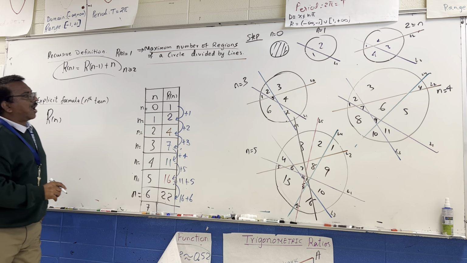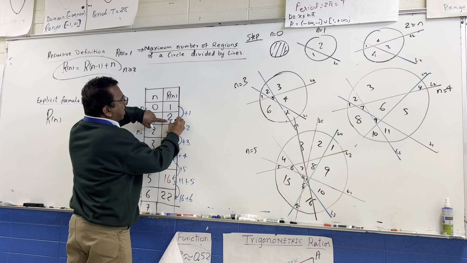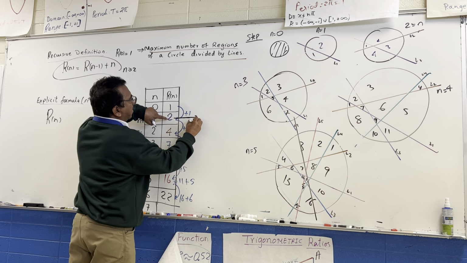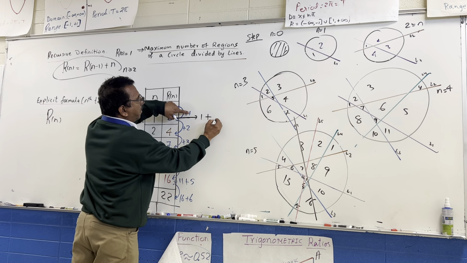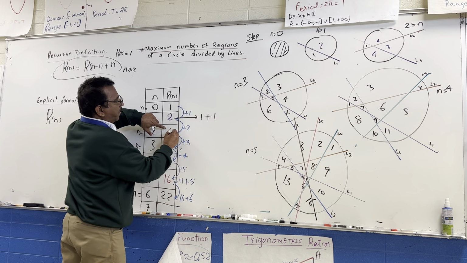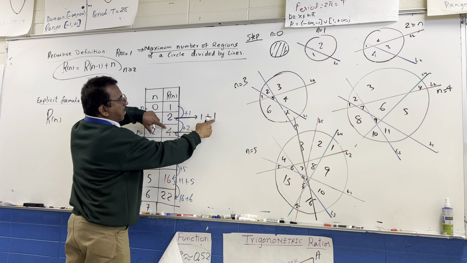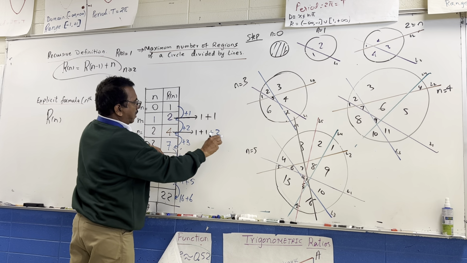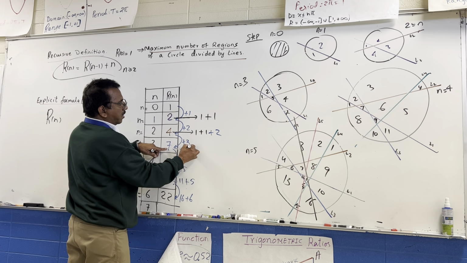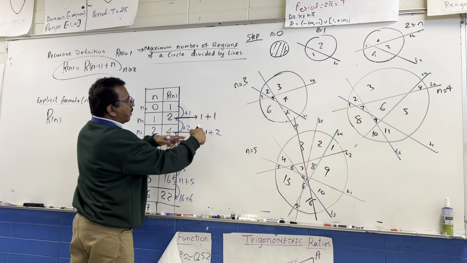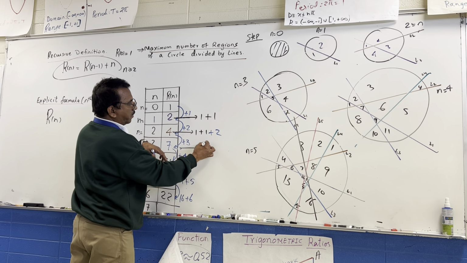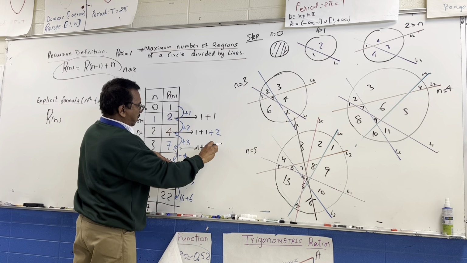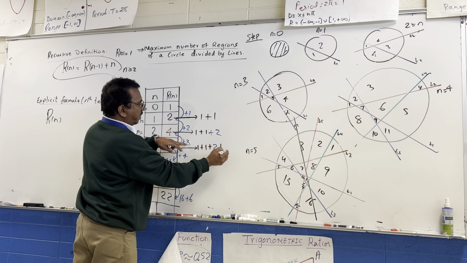Now let's see how it works. So this 2 is this 2. How did we get this 2? It's 1 plus this 1. How did we get this 4? It's 1 plus 1 plus this 2. How did we get this 7? It's because the one before, that is 4, was 1 plus 2, and then plus this 3.